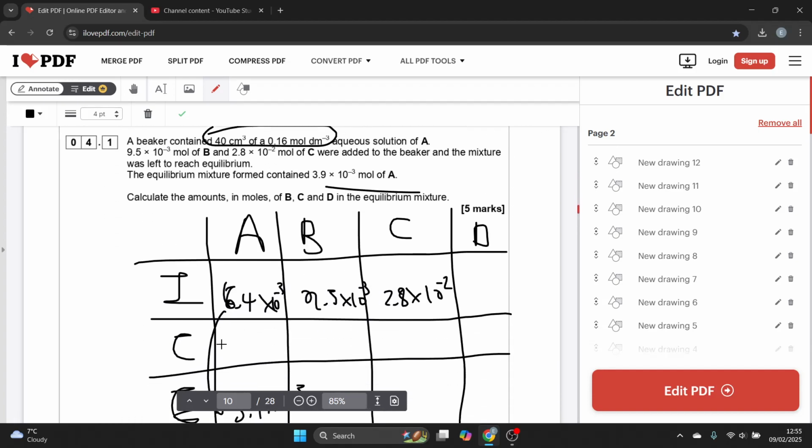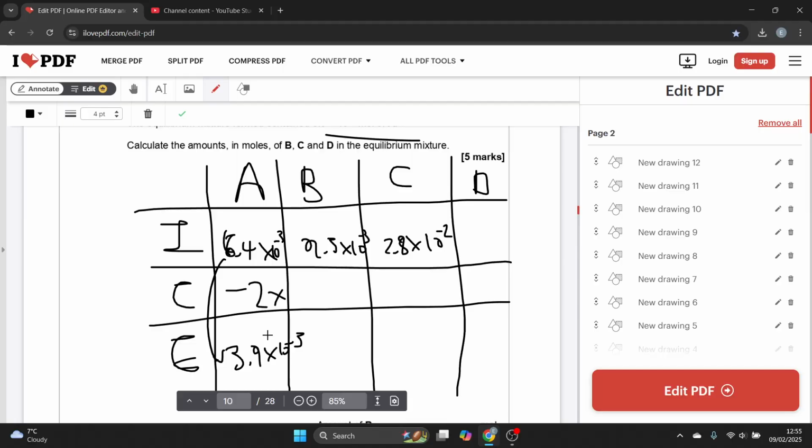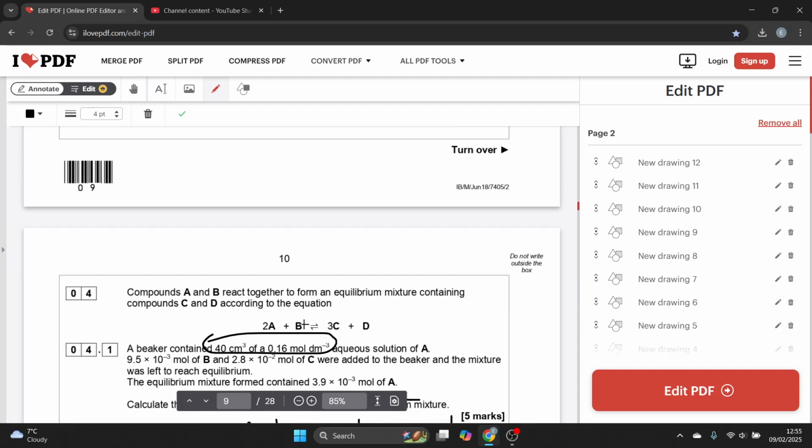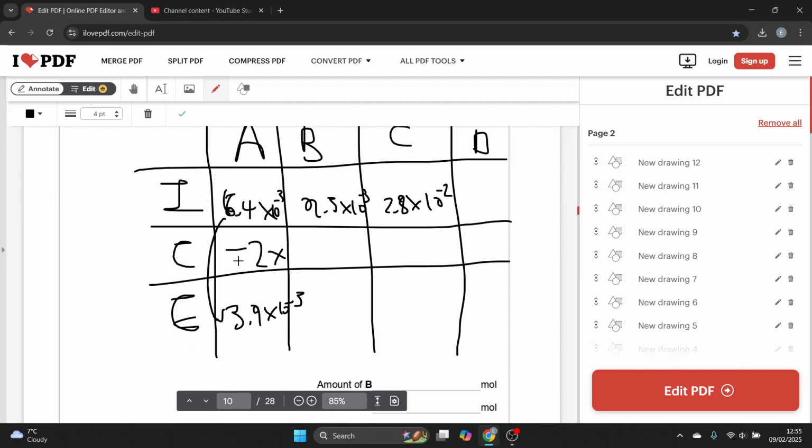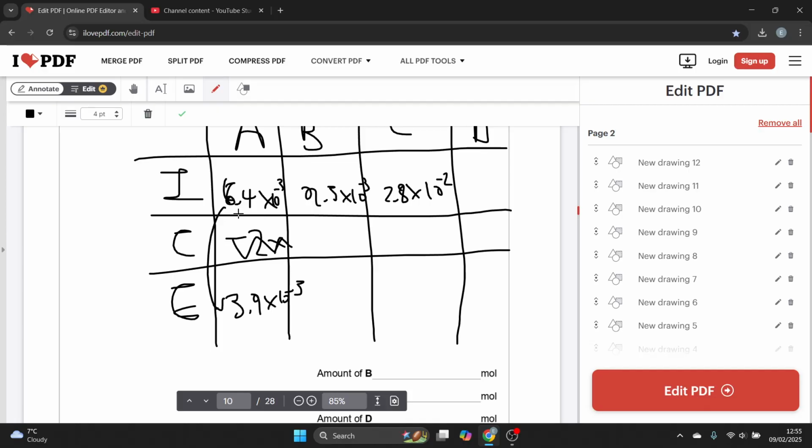Okay, so 6.4 times 10 to the power minus 3.